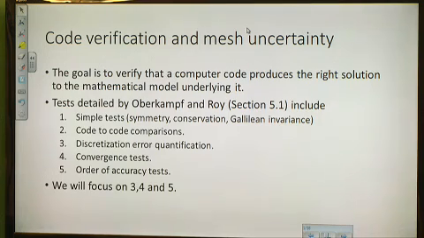Code-to-code comparisons, I've already told you. I told you this story about anti-optimization, where I got very small differences between codes, and in order to convince people that there was an error, I had to magnify it.